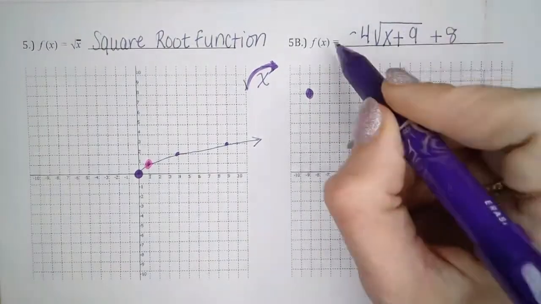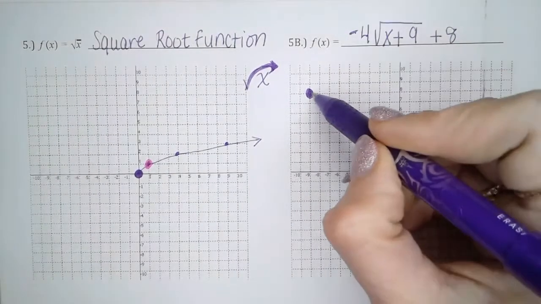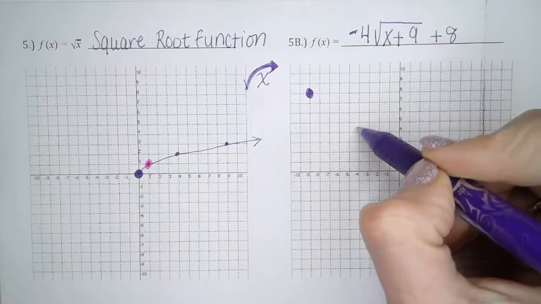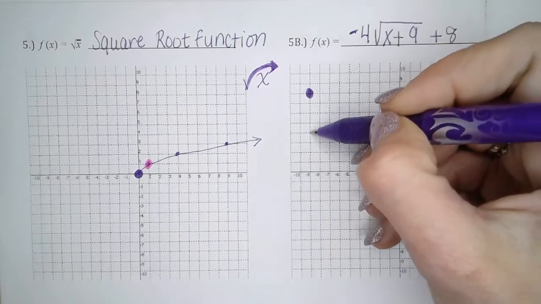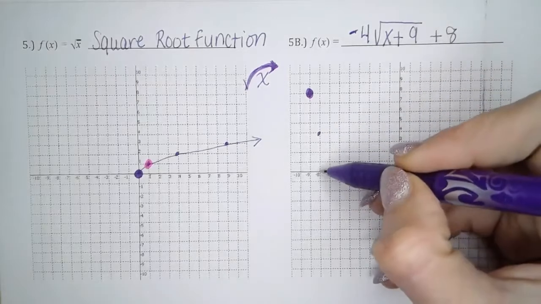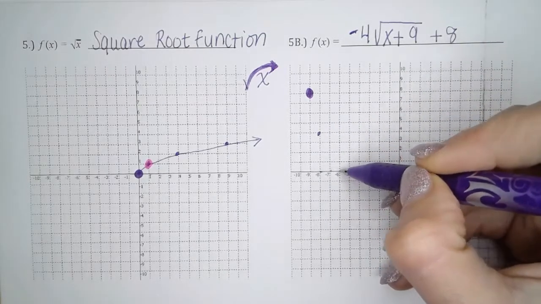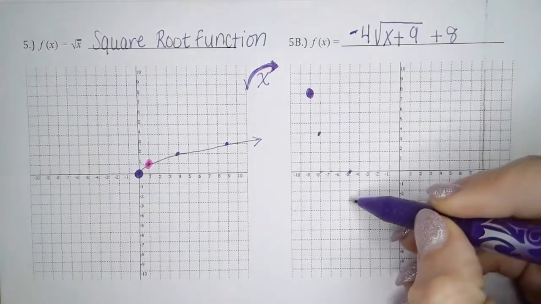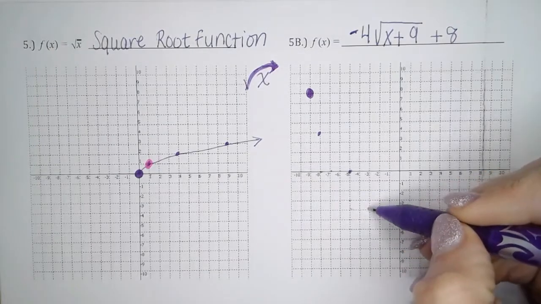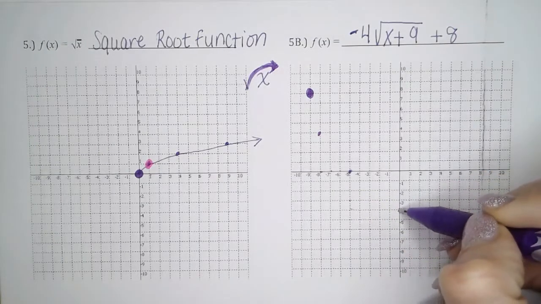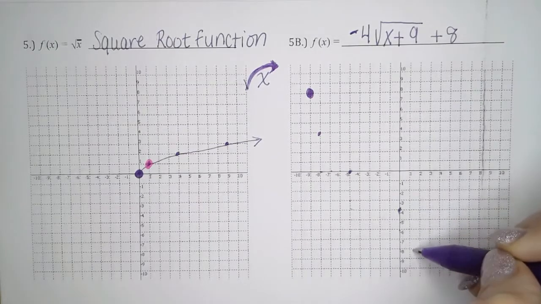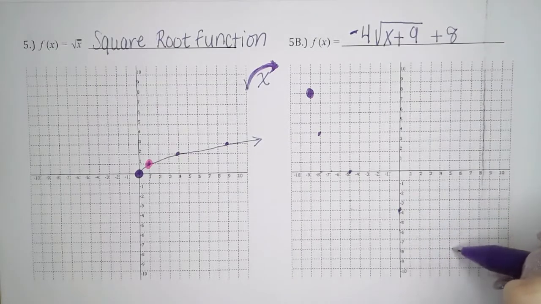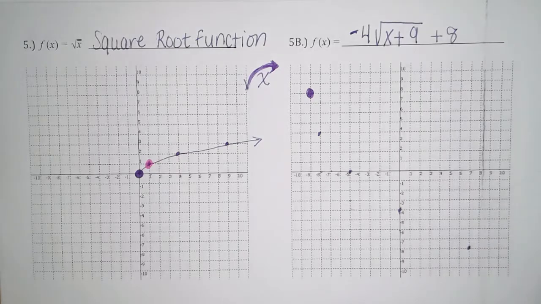Now normally the negative just reflected me over, so I would go down 1 over 1, down 1 over 3, down 1 over 5, and so on. But it's a negative 4, so there's also a stretch. So down 4 over 1, down 4 over 3, down 4 over 5, down 4 over 7.